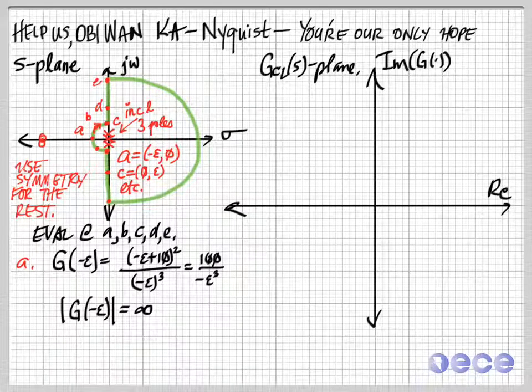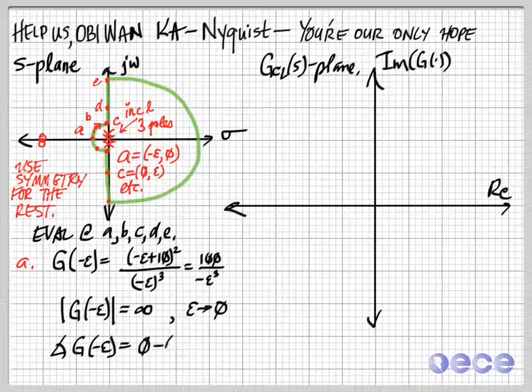So the gain is infinity as epsilon approaches 0. The angle, because we have a negative value on the bottom, its angle is minus 180. So 0 minus minus 180 gives us 180 degrees. So point A is at infinity gain and 180 degrees angle. So let's just approximate A prime as about right here.